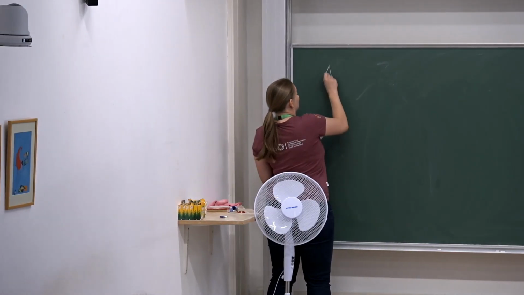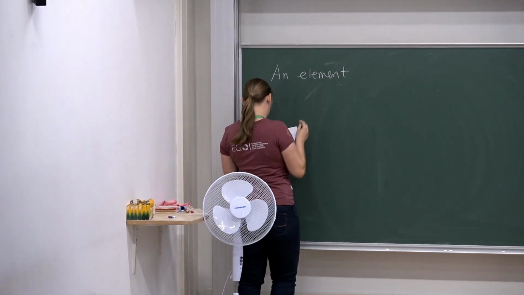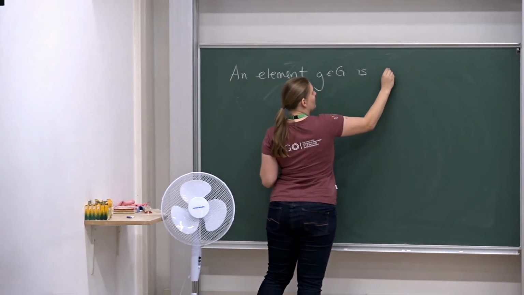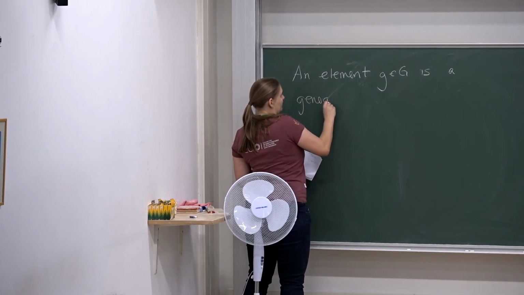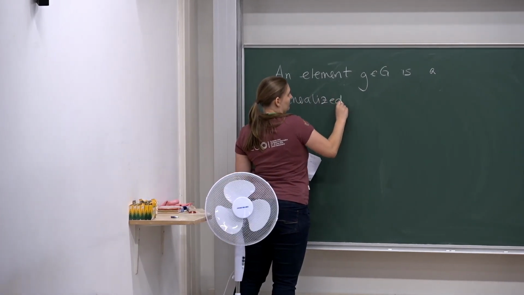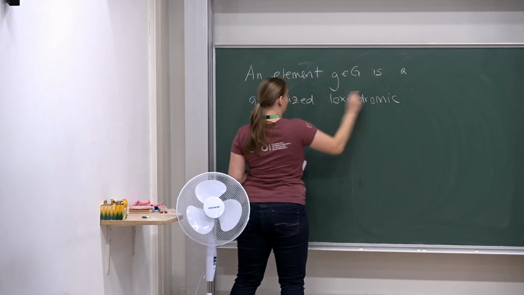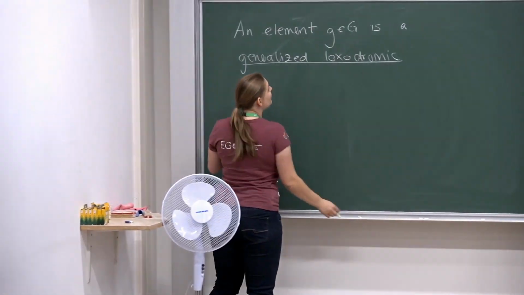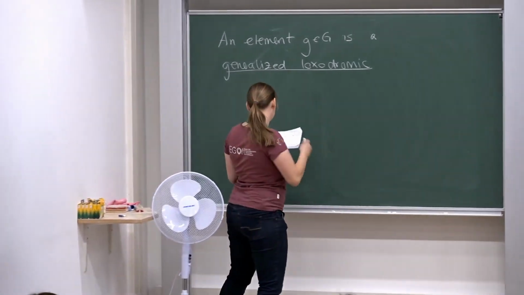We say that an element g is a generalized loxodromic if it is loxodromic for some acylindrically hyperbolic action.